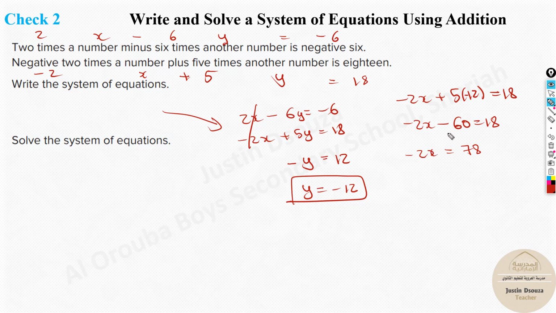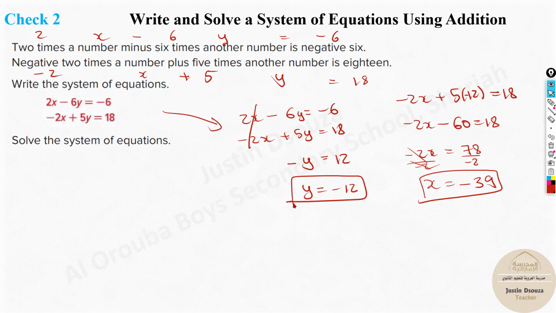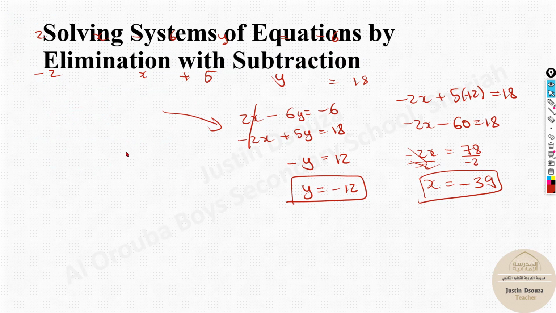And divide both the sides by minus 2. So x is going to be, see, it's minus 2 divided by minus 2. This minus and minus cancels. The sign also changes here. Here there will be a negative sign. It's going to be negative 39. So these are the answers. x is negative 39, y is minus 12. So that's how we solve this problem.